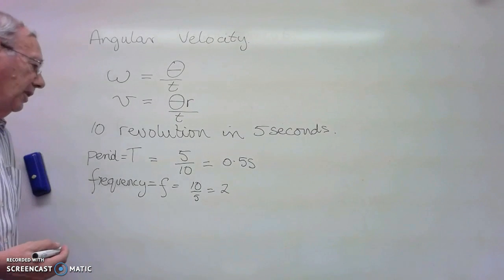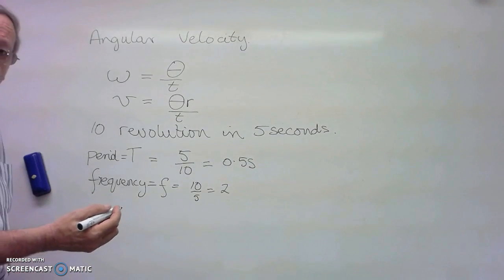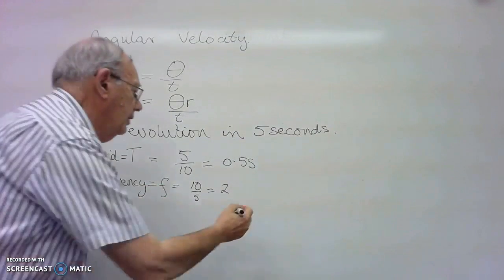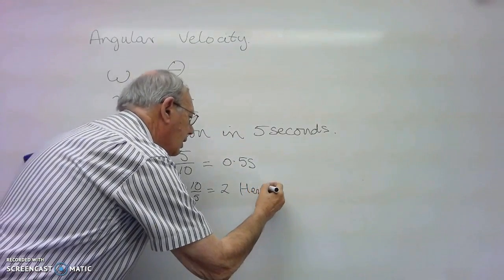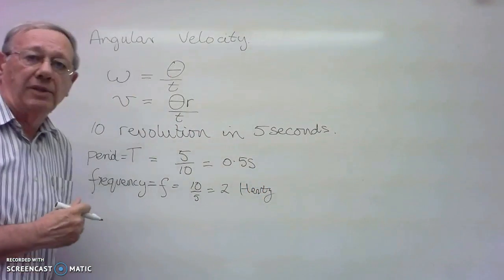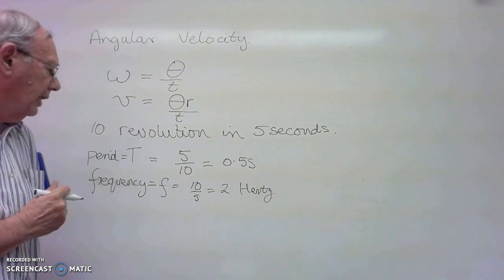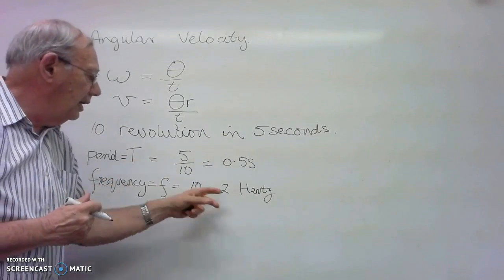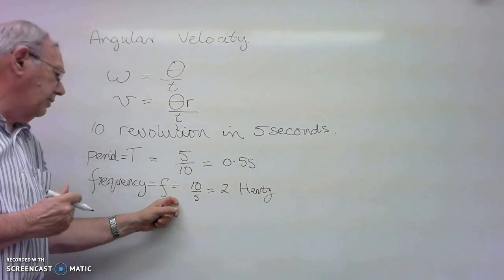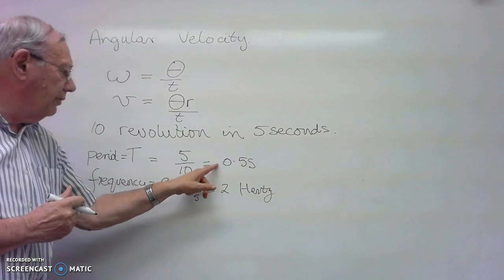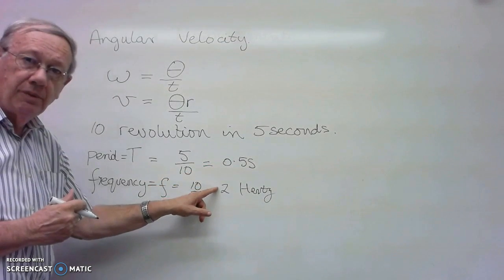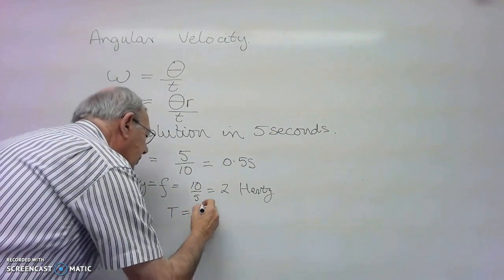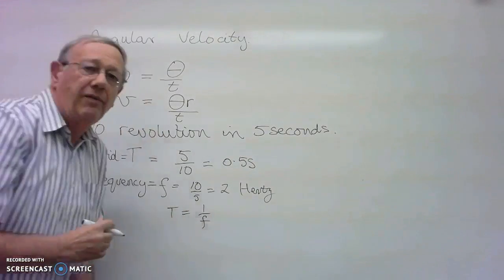Now, units would be either cycles per second, or the other thing that we can say is hertz. That's another symbol for cycles per second. Now, can you see any connection between the period, T, and hertz frequency? 0.5, 2. You've got it. Yes. The period is equal to the reciprocal of the frequency.